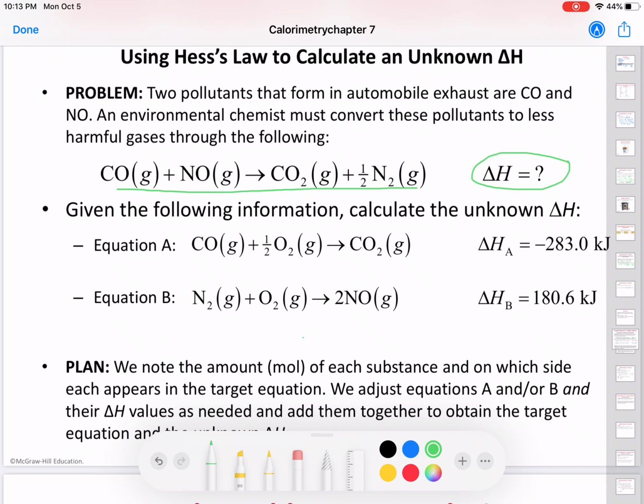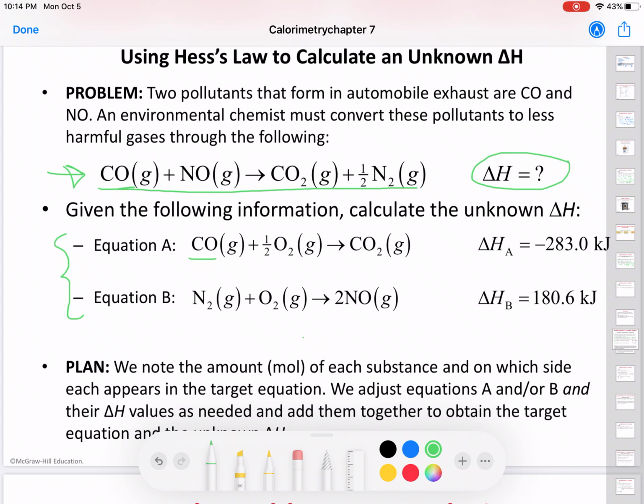We are also given two equations, A and B. Given the following information, calculate the unknown delta H. Now our goal is to rearrange and manipulate equation A and B in such a way that when you add A and B, we should get the final target equation. Now if you look at equation A, carbon monoxide is on the left side.